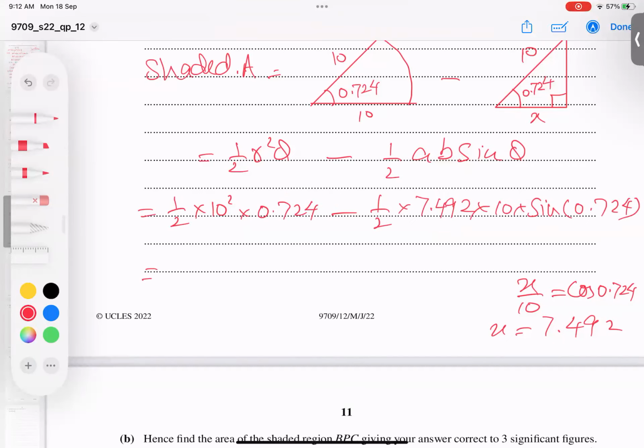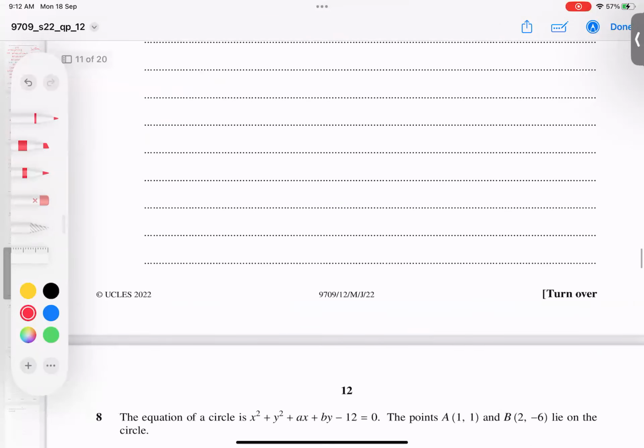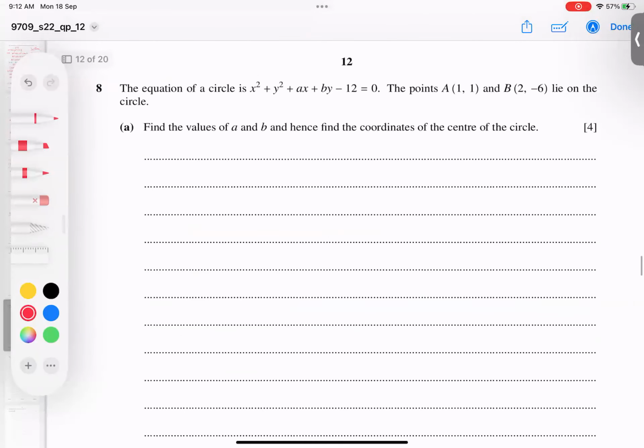And if I type in the calculator, this is giving us 36.2, and the other one is giving us 24.811. So the final answer is coming 11.4 centimeter square. And I believe all of you understand what is going on. Alhamdulillah, this is done. So let's go for the next question, number 8.